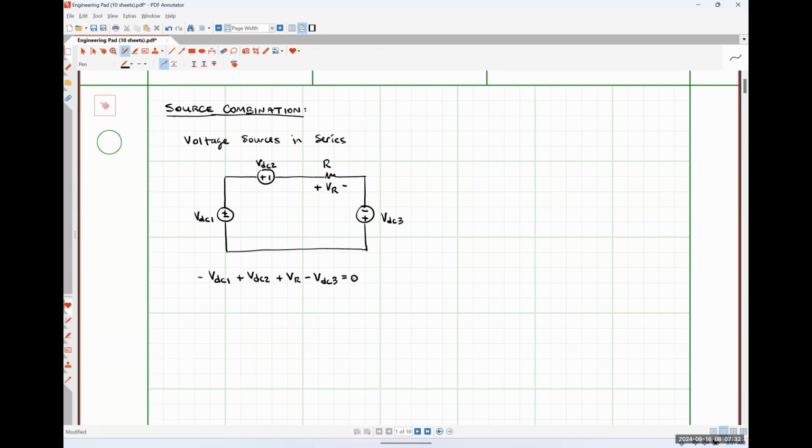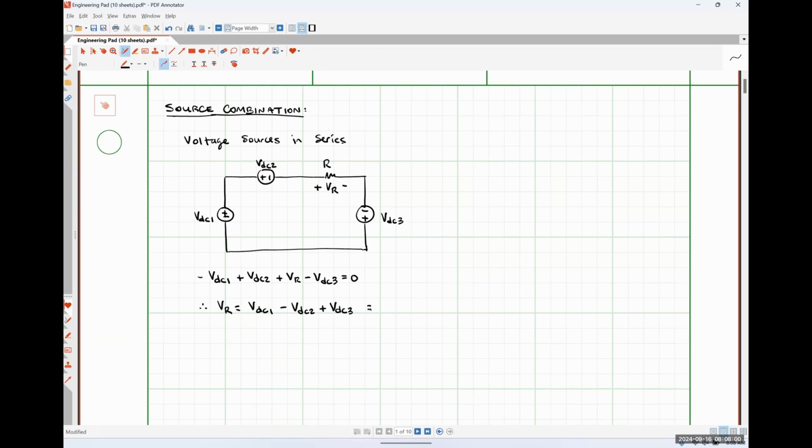And what I'm going to do is leave VR on one side of the equal sign by itself and put all of those DC voltage sources on the opposite side of the equal sign so that we would get VR is equal to VDC1 minus VDC2 plus VDC3.